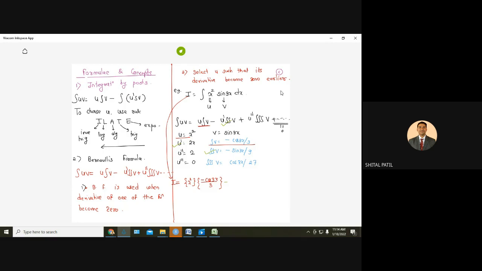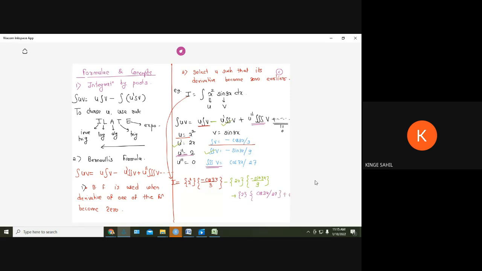So it is minus sign of the formula. Then 2x and then integration twice, minus sine 3x divided by 9. Next is plus: u double dash, that is 2, and thrice integration, so it is 2 cos 3x divided by 27.